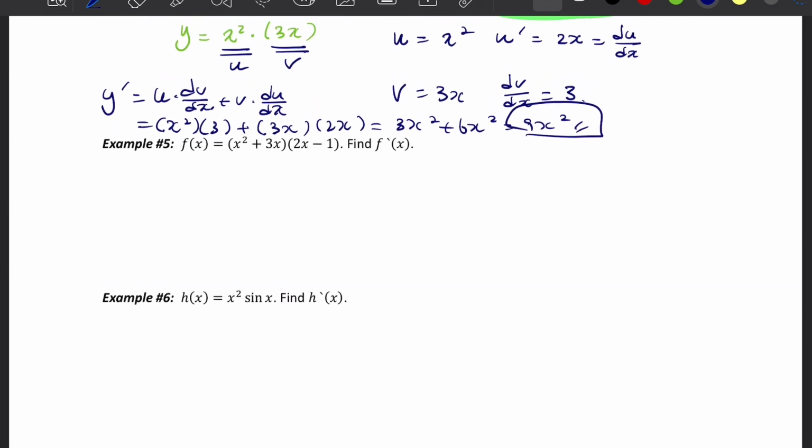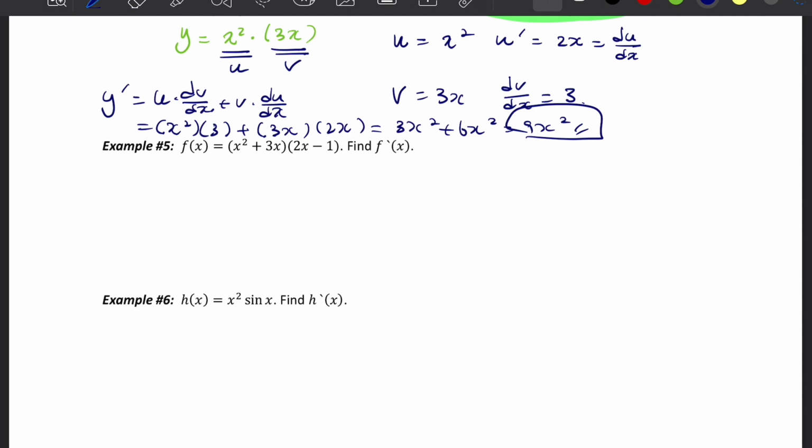So let's apply this formula to an example. Example number 5. We have f of x equals x squared plus 3x, times 2x minus 1. Again, I'm first going to set the first function as u and the second function as v, so it's u times v, which means I have to use the product rule.